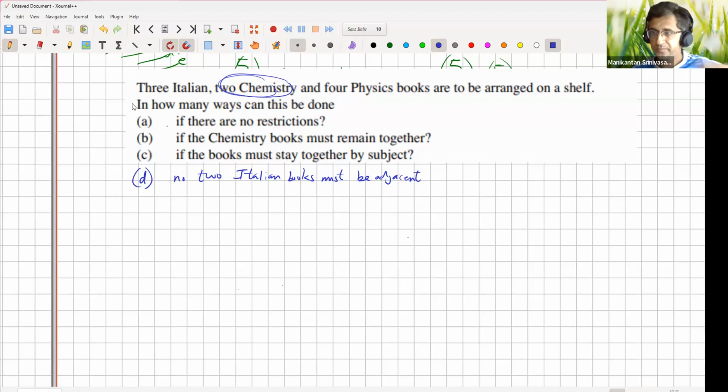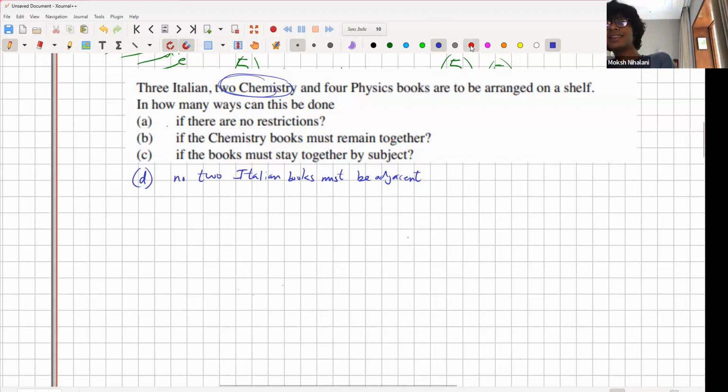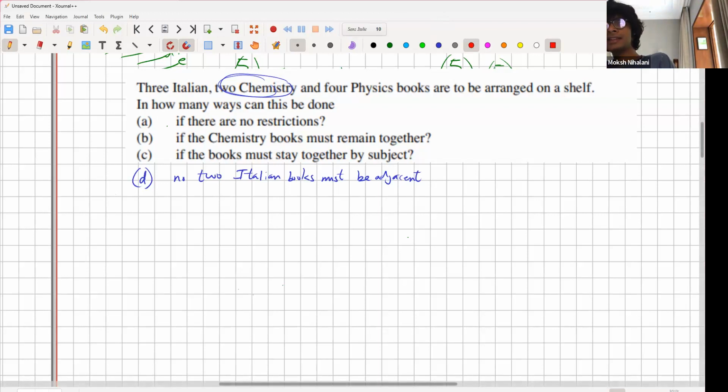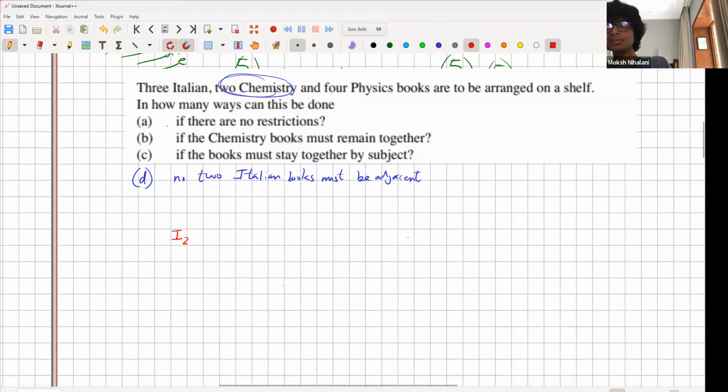Moksh, you want to take this? I'm not 100% confident in my method, but this is what I did. I'm using a block method. First you take one Italian book, then any other book, and then a second Italian book. Okay. Could you please repeat? I didn't understand. First you're taking one block as one Italian book, then any other book, and then a second Italian book.